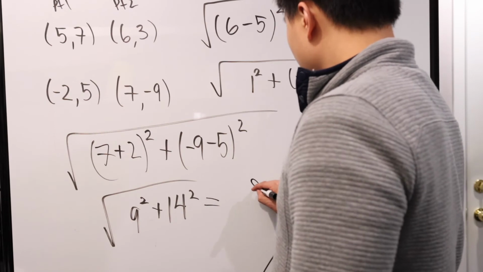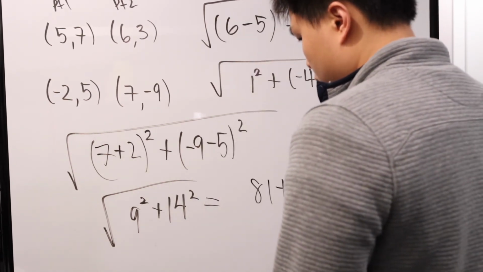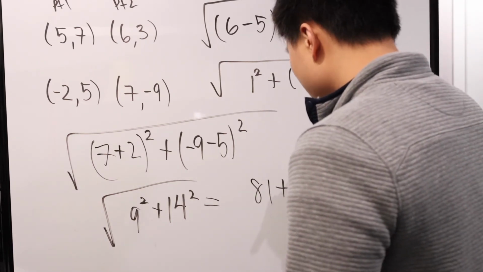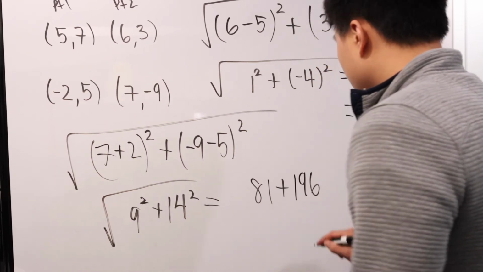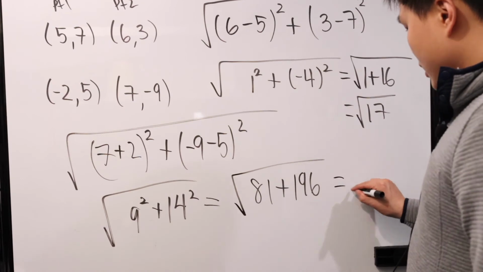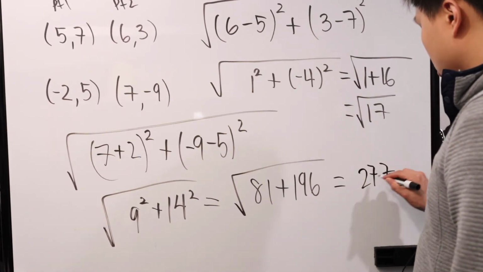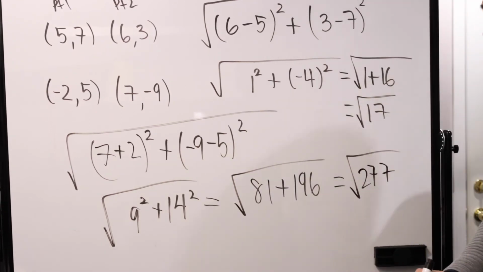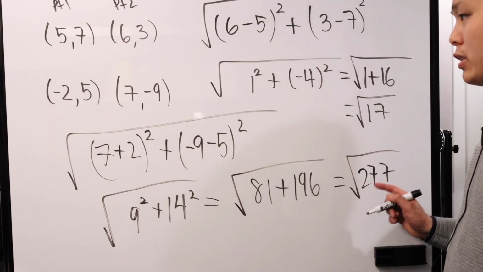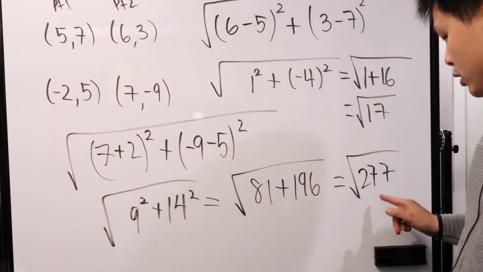What is that? 81 plus 196, I believe, right? Check my math. All right, so 196. In that case, it's going to be 277. So the square root of 277. And of course, if my math is correct here, and it's the square root of 277, if we flip it, and this one's point 1, point 2, the answer should still be the same.